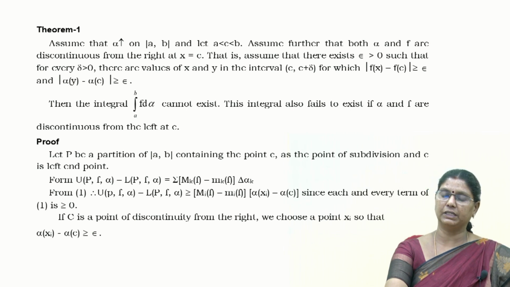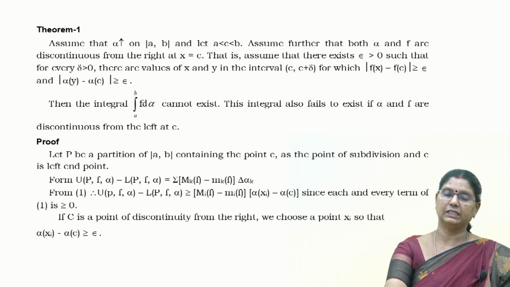That is, there exists epsilon greater than 0 such that for every delta greater than 0, there are values x and y in the interval (c, c plus delta) for which modulus of f of x minus f of c is greater than or equal to epsilon and modulus of alpha of y minus alpha of c is greater than or equal to epsilon. Then the integral a to b f d alpha cannot exist. This integral also fails to exist if alpha and f are discontinuous from the left at c. So, this is the necessary condition.